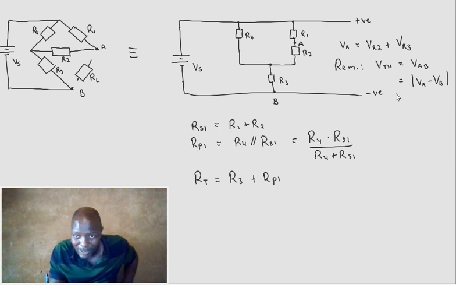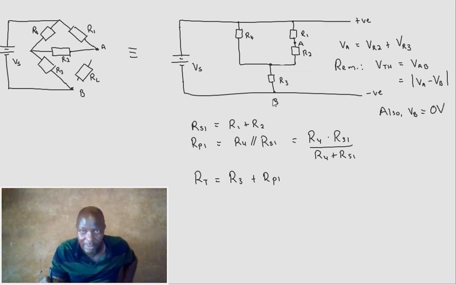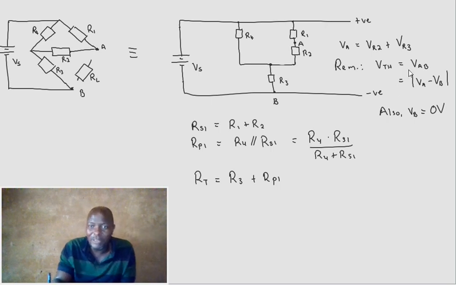We know VB equals 0 volts. Why? VB is on the negative. So we already know VB, and we don't even need this.